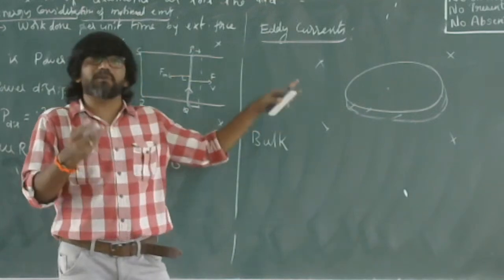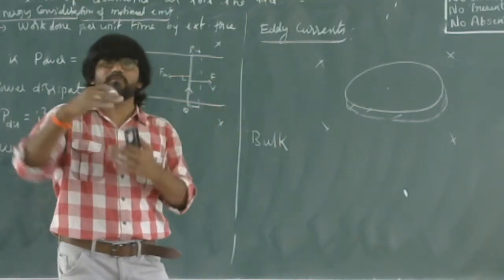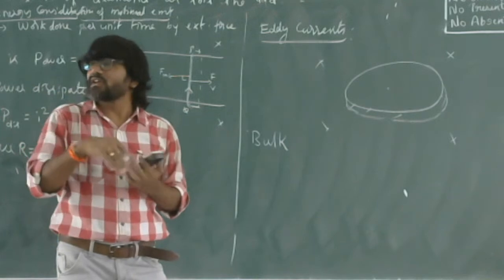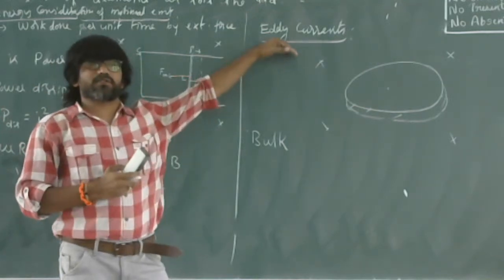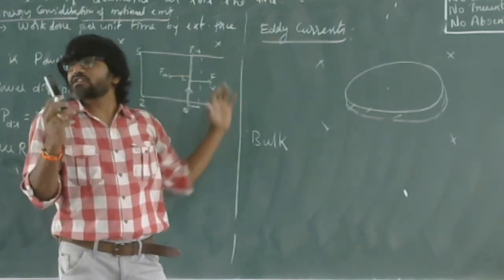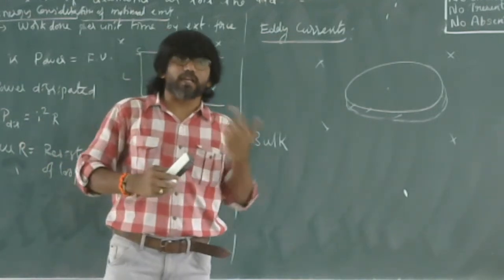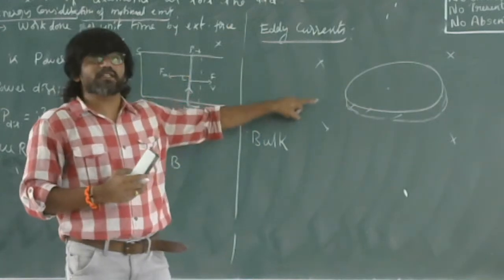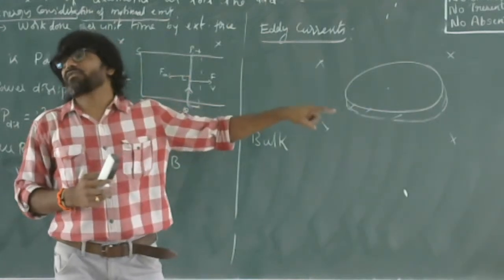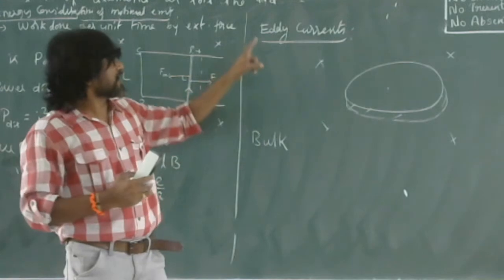Induced currents in bulk conductors which are in the form of whirls are called eddy currents. Is it clear? In the simplest way, the induced currents produced in bulk conductors in magnetic fields are called eddy currents.